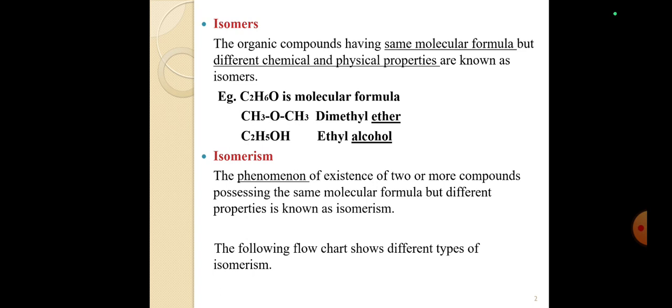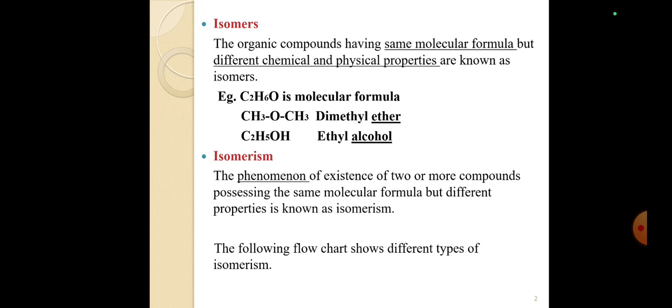So here I have given the example of dimethyl ether, CH3OCH3, and the second example is ethyl alcohol, C2H5OH. These both organic compounds have the same molecular formula. You can count the number of carbon atoms in both the organic compounds, same number of hydrogens and oxygen.